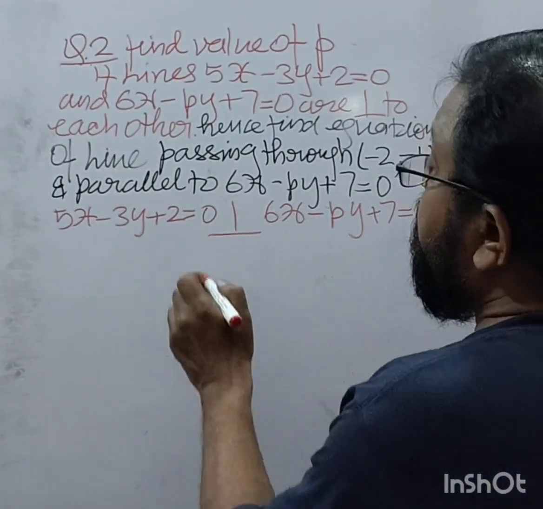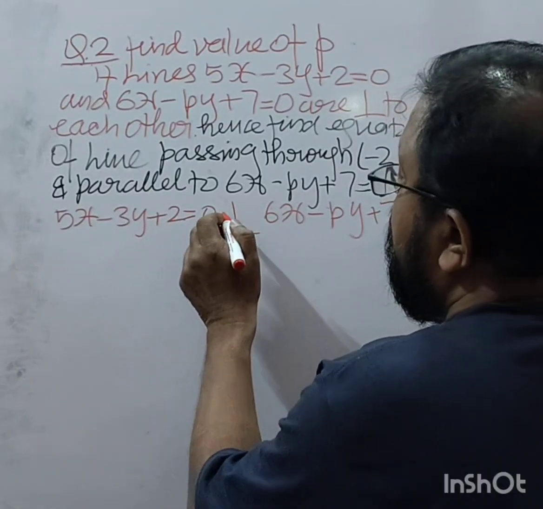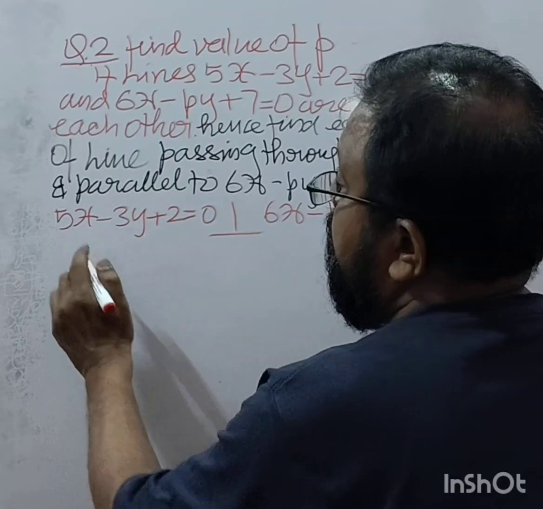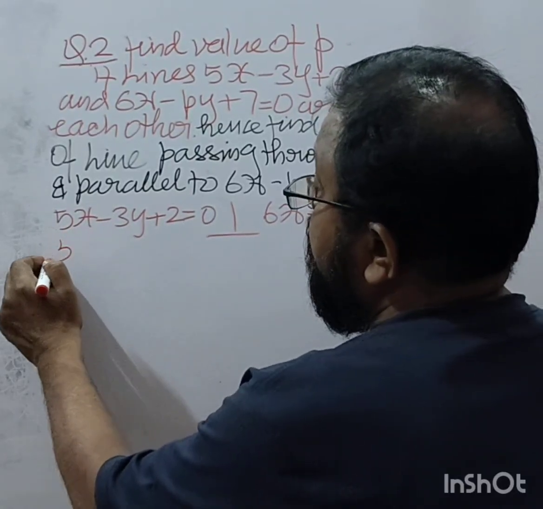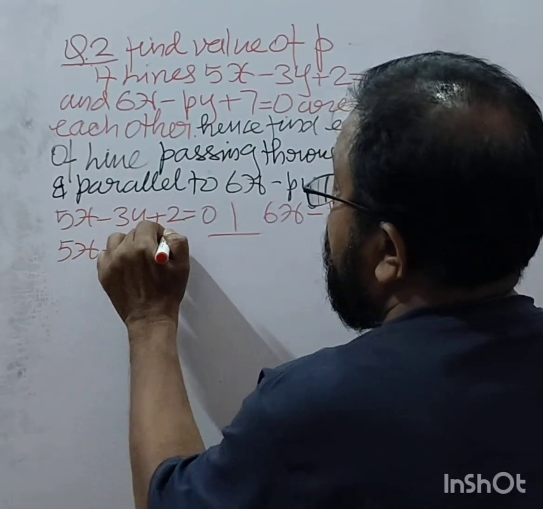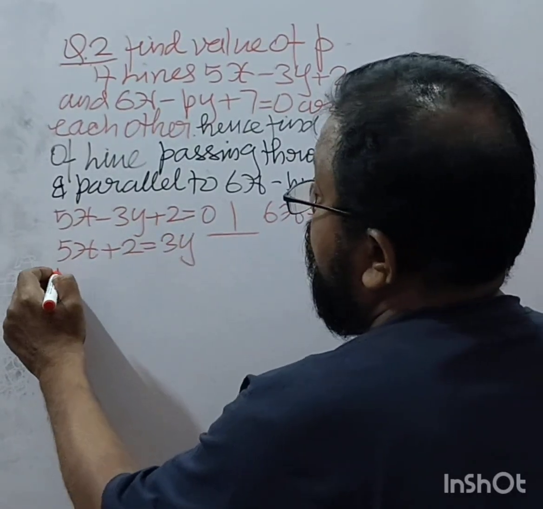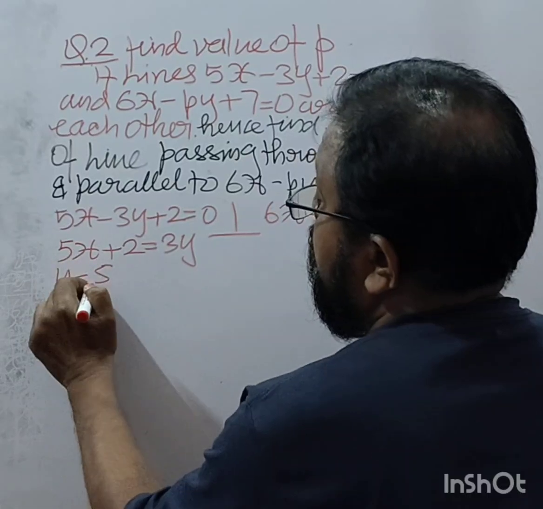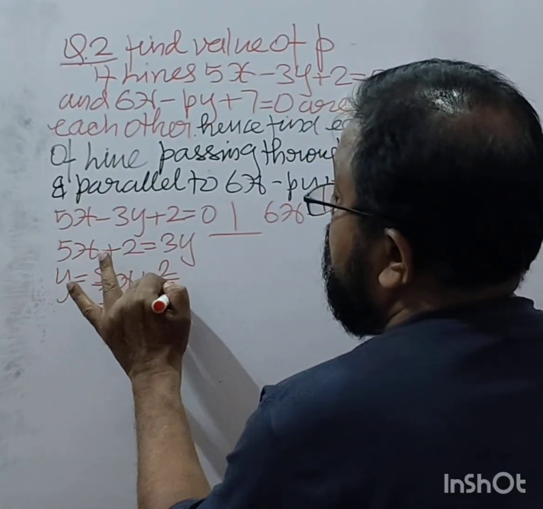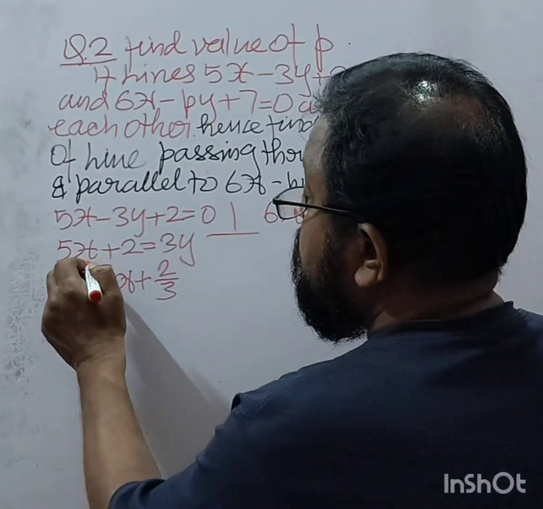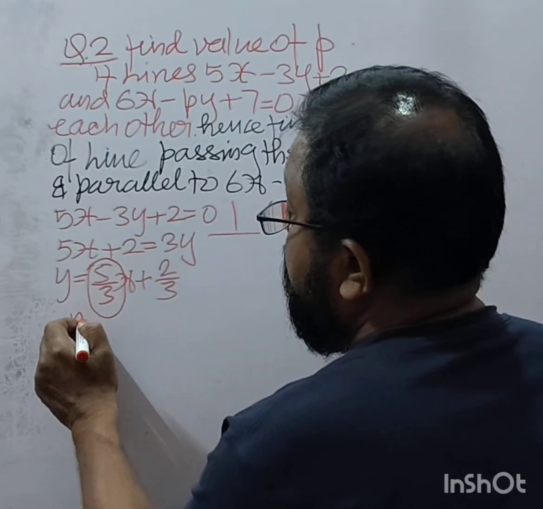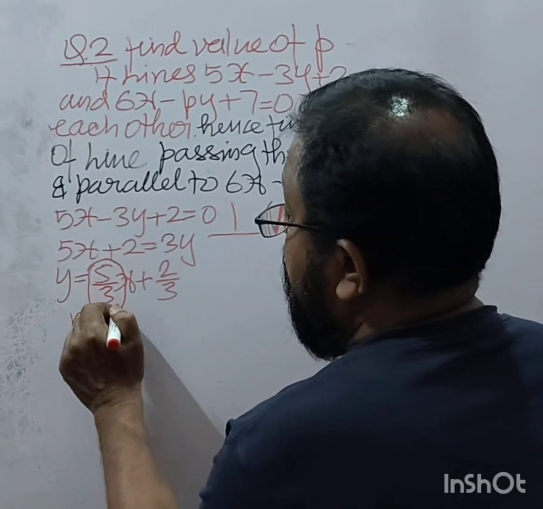When these lines are perpendicular, so first we can write 5x plus 2 is equal to 3y, or y is equal to 5 by 3 x plus 2 by 3. So slope of this line is m1 is equal to 5 by 3.